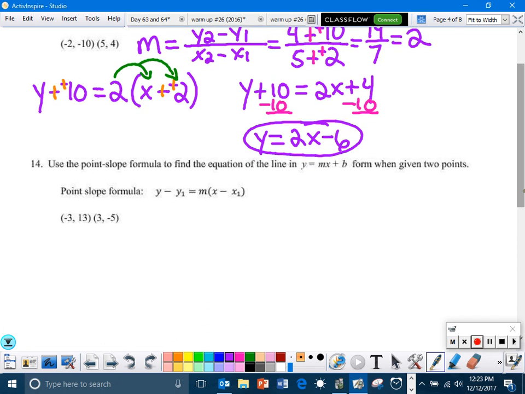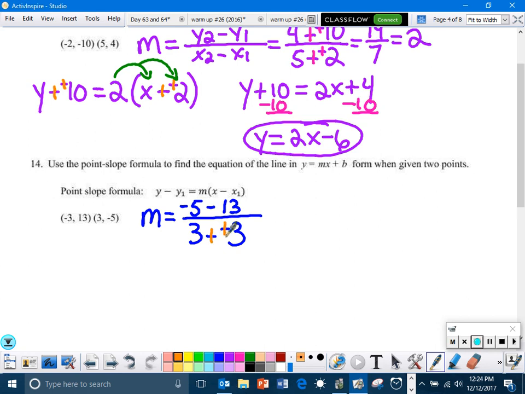Okay, let's do this one more time. So first we're going to go ahead and do the slope. So that would be negative 5 minus 13 over 3 minus negative 3. There is only one sign change, and that's on the denominator. The minus a negative becomes plus.